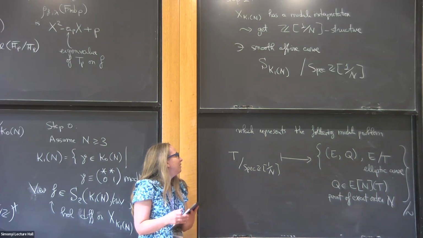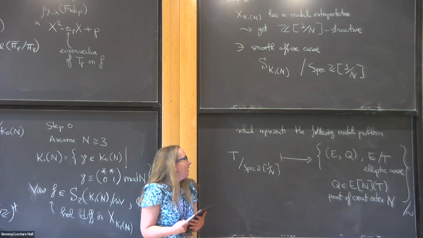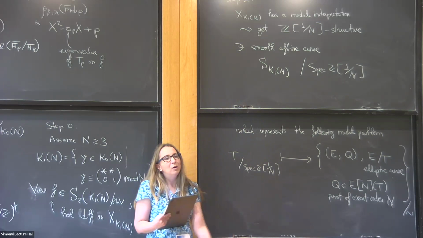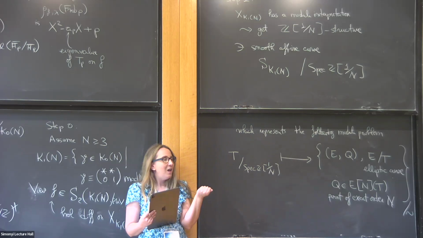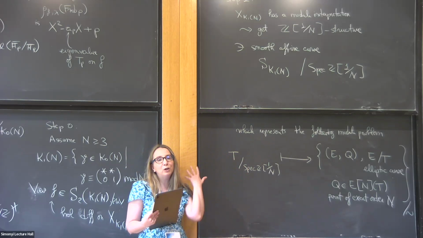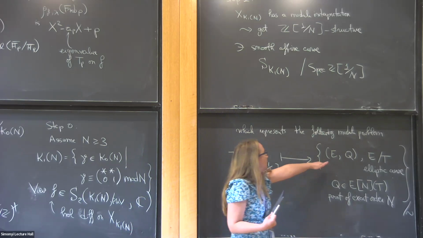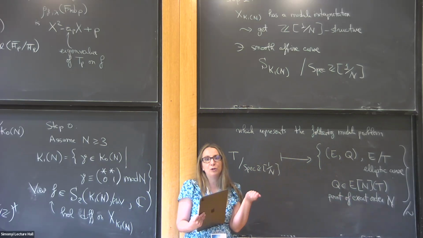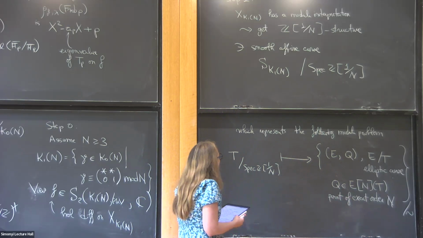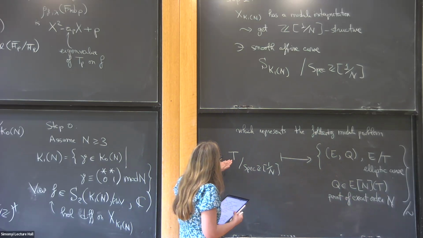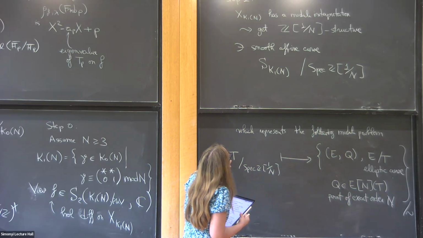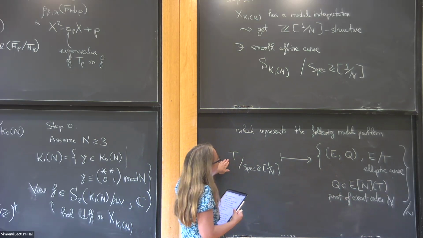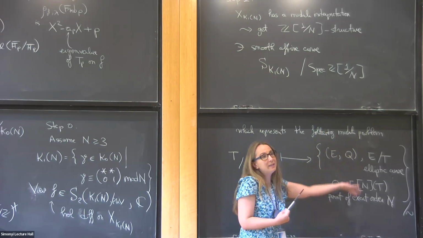Okay, so what does this mean? Well, you can think about it roughly as saying that there is a curve with coefficients in Z[1/N], which is basically a universal family of elliptic curves equipped with a universal point of exact order N. Or it means that whenever you probe your curve with some kind of test object T, what you get out is this set.